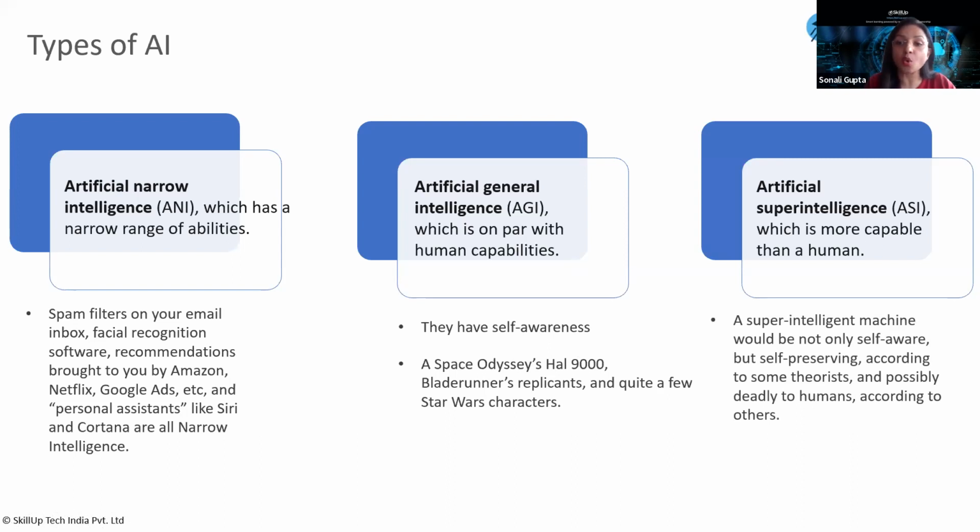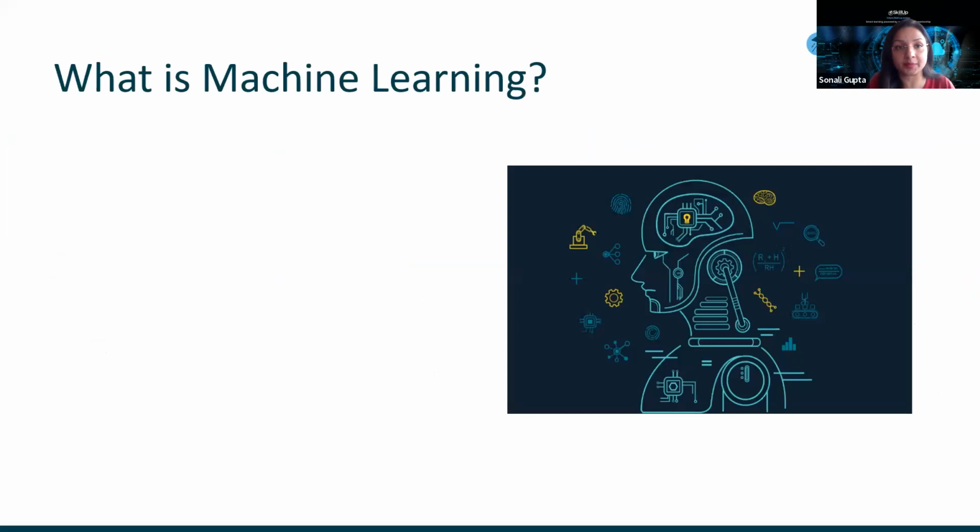It can take its own decisions, and according to some theorists, it is possibly deadly to humans. But this is exactly what they are thinking of bringing in. It is not prevalent right now, but they are working to bring it in. Since it has its own pros and cons, I think more cons, they are still working on getting it done. So these are the different types of AI.